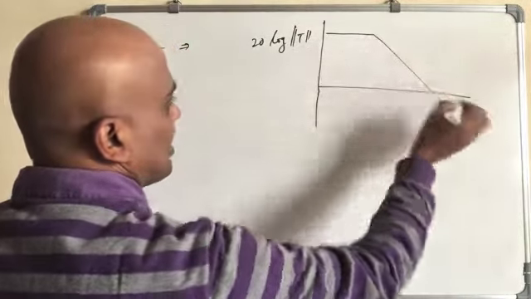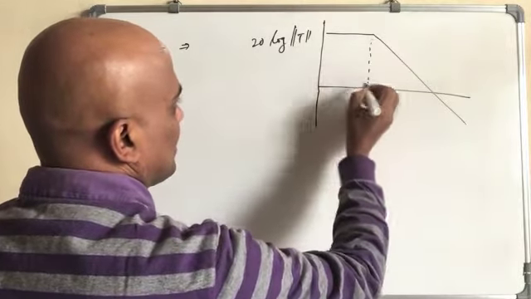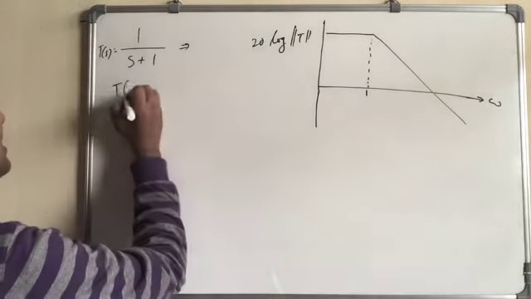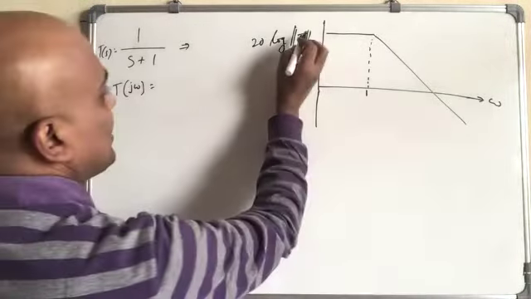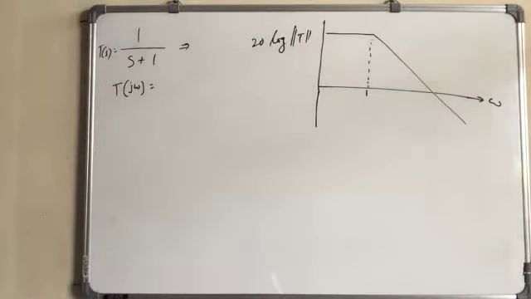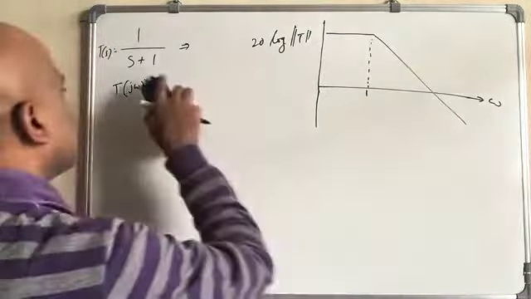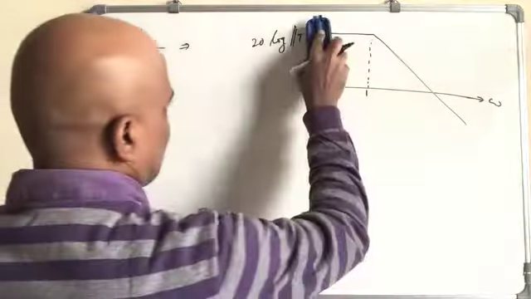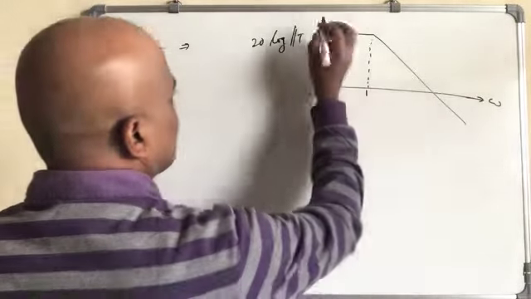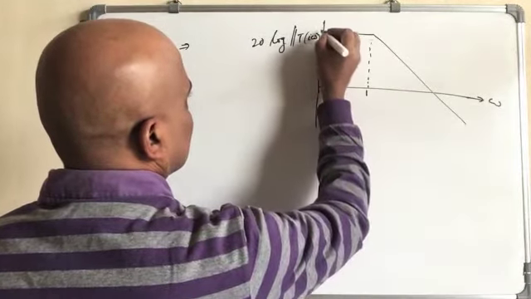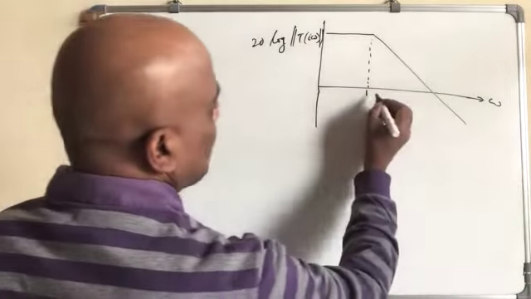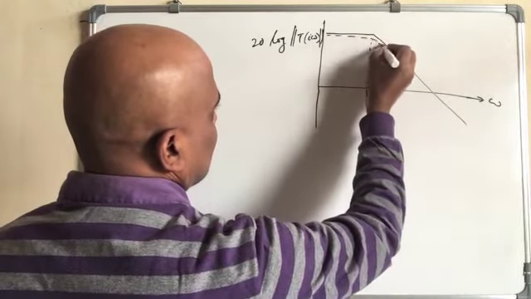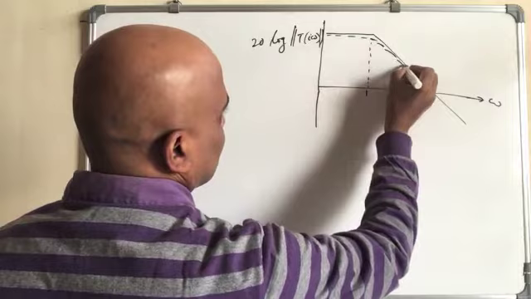You can approximately draw it like this, where here we had 1 and for omega, because this is T(j omega), where T is a function of j omega. Sometimes you also have i written instead of j, so T(i omega). Here we had 1 and so on. The actual plot will look something like this.